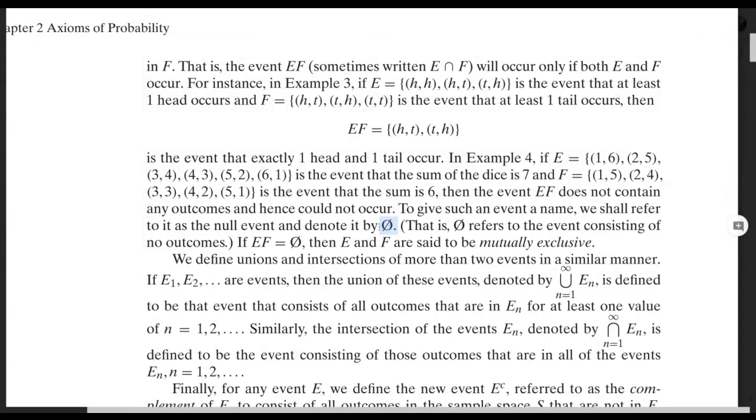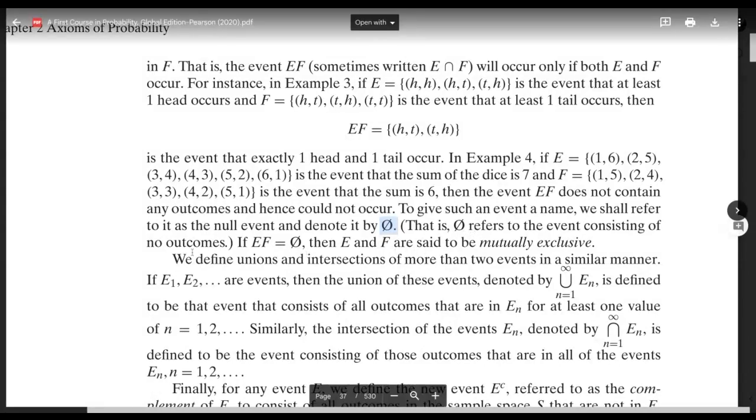We use this notation, which looks like a big O that we slash through. So this is called the empty set. Usually the first subset of any set is the empty set. It means there's nothing in it. It's empty, but it's a set.